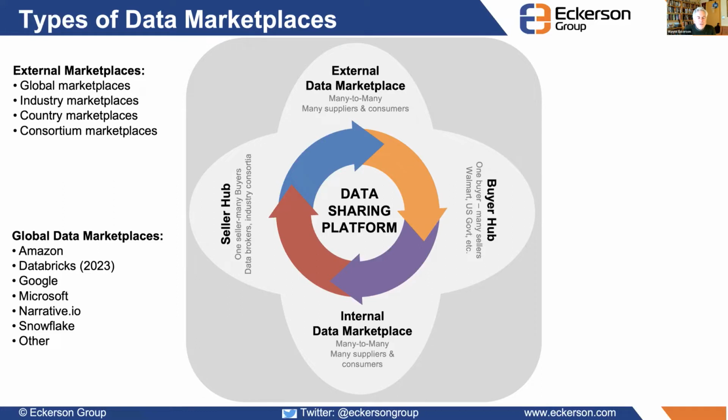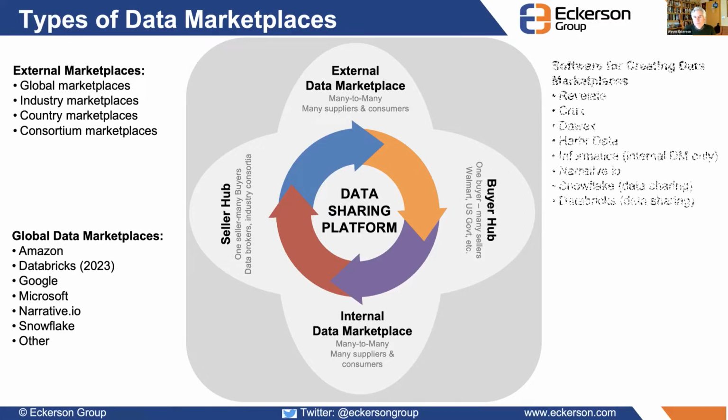Like Snowflake, they offer data sharing services now and are working to add the requisite commercial transaction and other types of features. Google and Microsoft have initiatives, haven't gained a lot of traction. Narrative.io is a very specialized data marketplace that allows you to query data from multiple providers because it's normed all the data sets. That's pretty cool and unique.